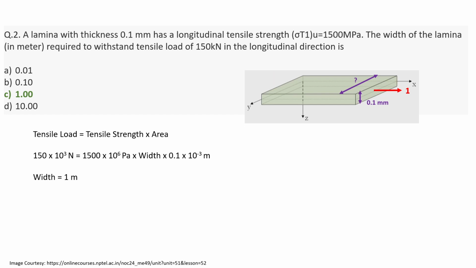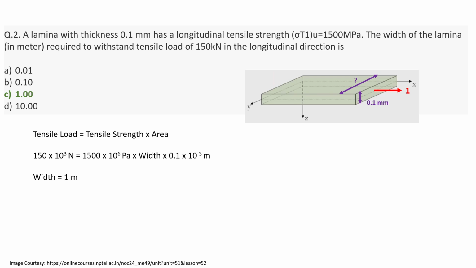So question number 2 is that a lamina with thickness 0.1 mm has a longitudinal tensile strength sigma T1U, that is the ultimate tensile strength in longitudinal direction, as 1500 megapascal. The width of the lamina in meter required to withstand tensile load of 150 kilonewton in longitudinal direction is.